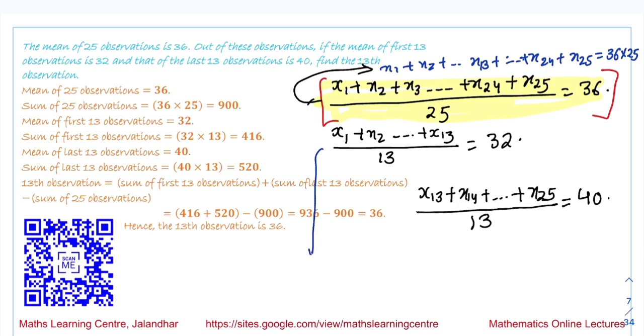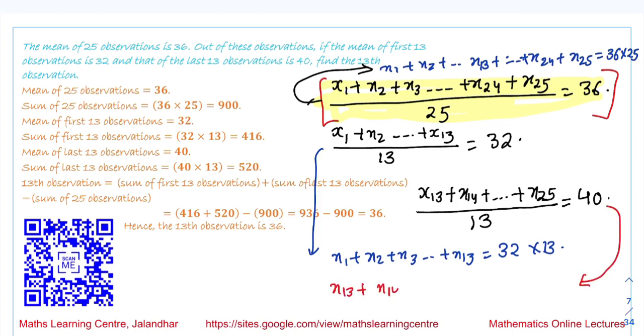Second, x1 plus x2 plus x3 and so on up to x13 is equal to 32 into 13. Next, x13 plus x14 and so on up to x25 is equal to 40 into 13.